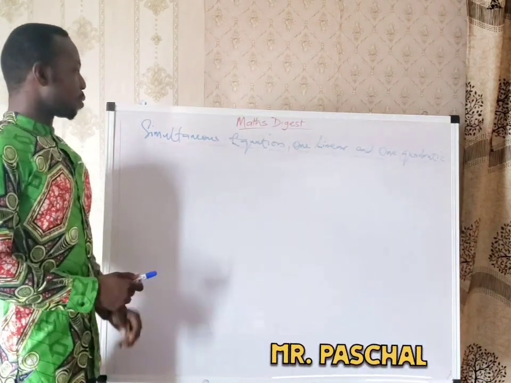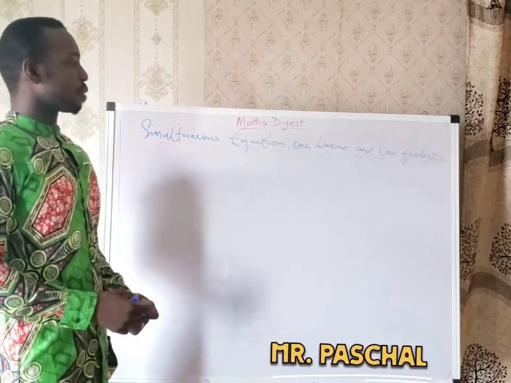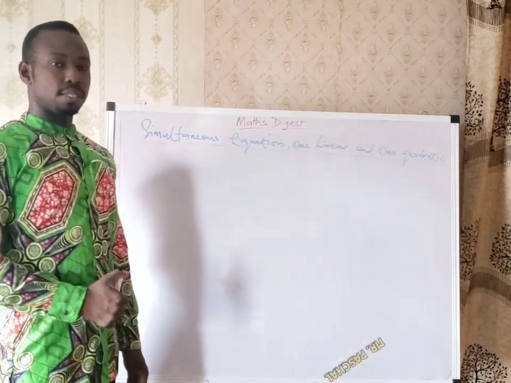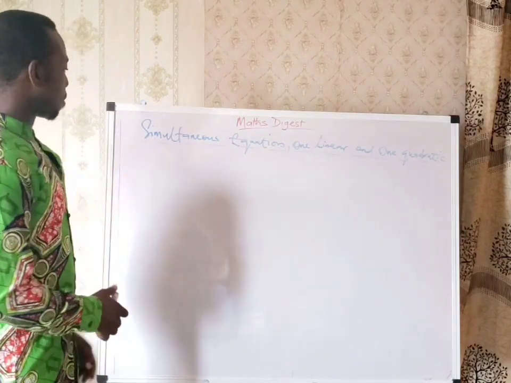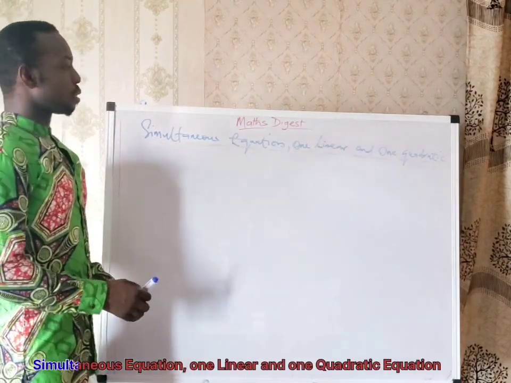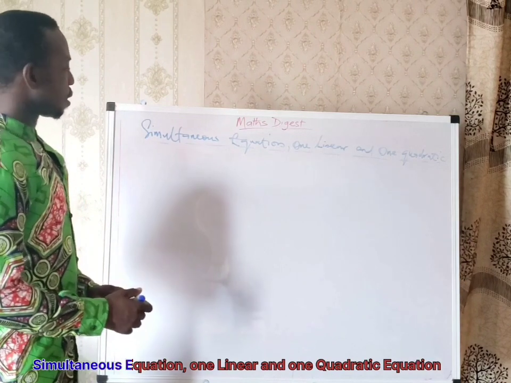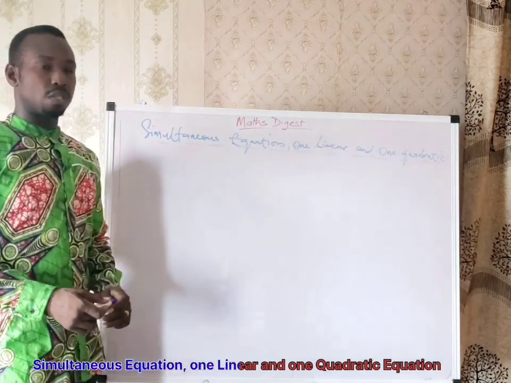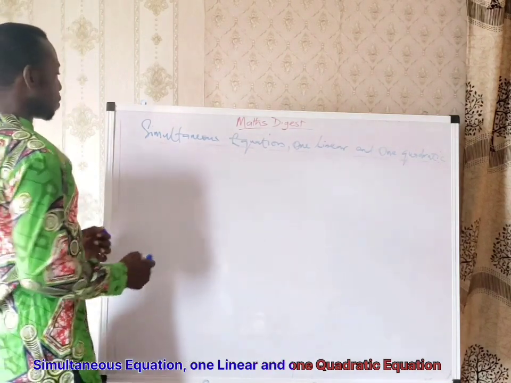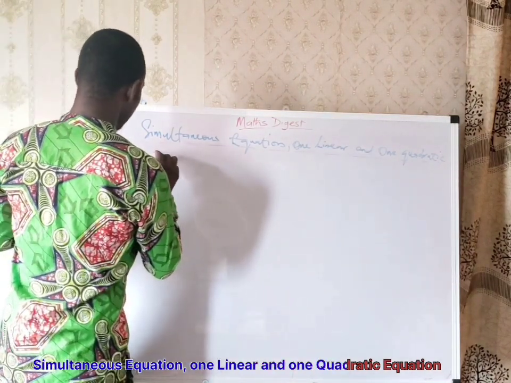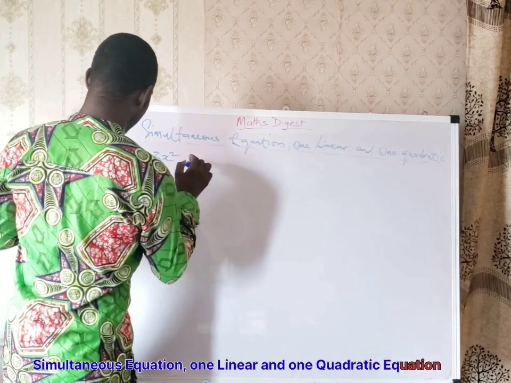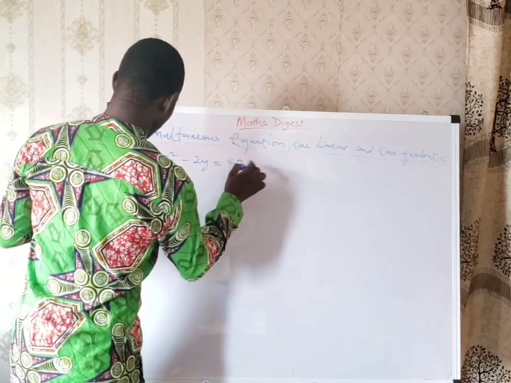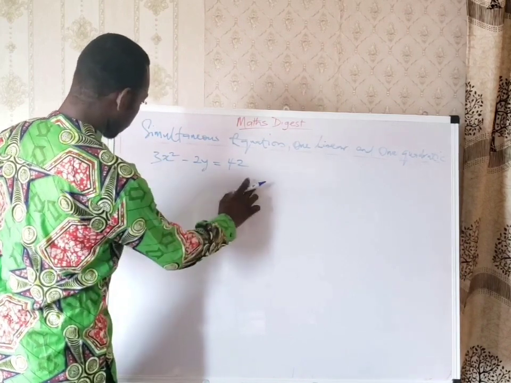Today we're looking at simultaneous equations again, one linear and one quadratic. Sometimes expressions may be given whereby one is a linear equation while the other one is a quadratic equation. Something like, for instance, if we have 3x squared minus 2y equal to 42, this is quadratic.